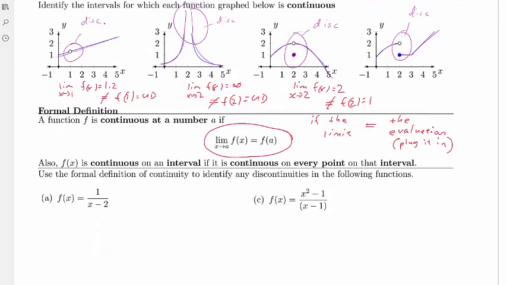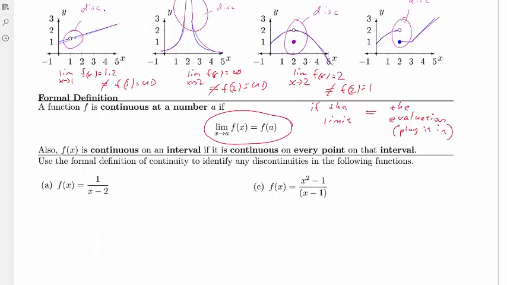Okay, so we're going to use the formal definition of continuity to identify any discontinuities in the following functions. So when we look at this one, we notice this guy right here, right? x cannot equal 2. We cannot divide by 0. Never divide by 0. We can take the limit of something approaching 0, but we cannot actually divide by 0.